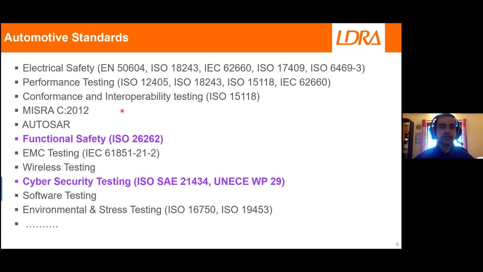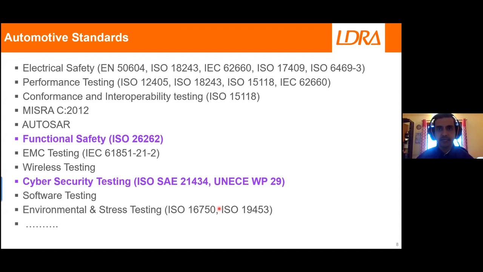Of course, as we are all aware, the functional safety standards, we had quite a few discussions on this in the past and today also, ISO 26262 is purely talking about the safety related aspects of automotive systems. But at the same time, from the cyber security point of view, there are a couple of standards like ISO/SAE 21434 or UNECE WP.29.